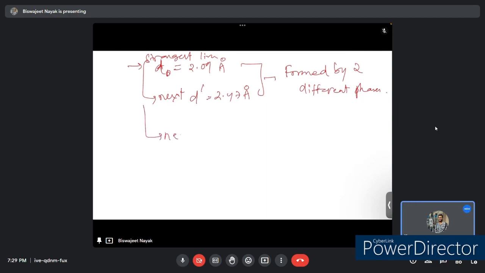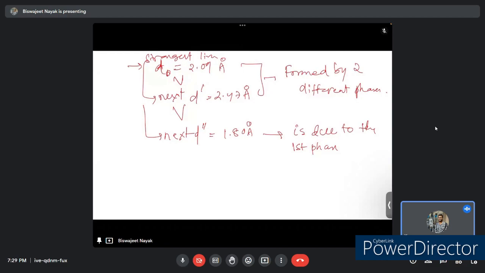Consider the strongest line D equals 2.09 and the second strongest line 2.47 angstrom.